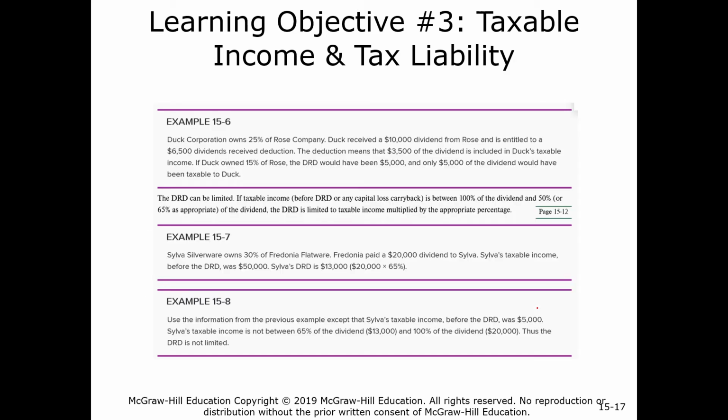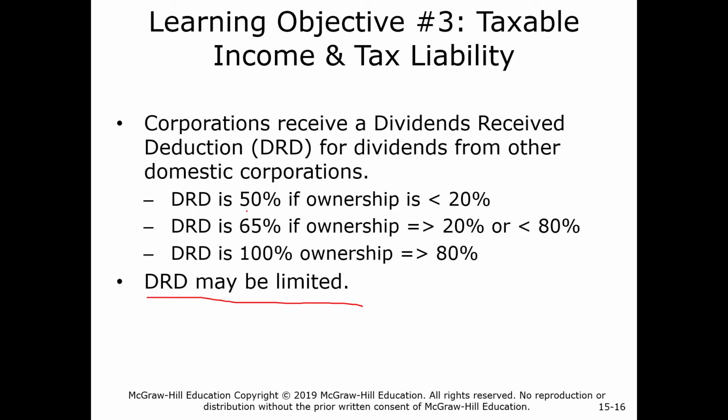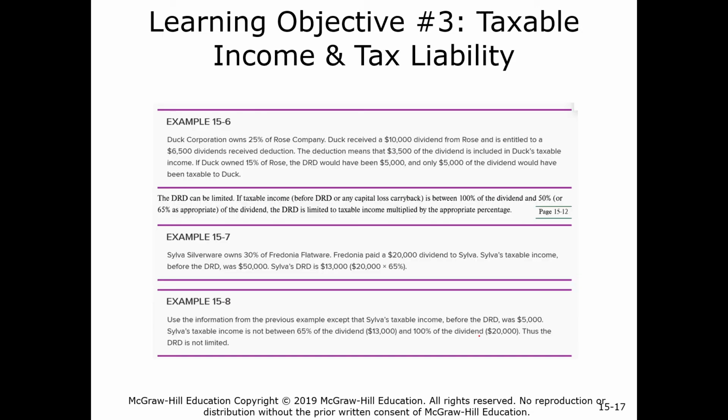We have the Duck Corporation owning 25% of Rose Company. Okay, so 25%, that falls under the 65% bracket. Duck received a $10,000 dividend from Rose. The amount of the dividends is $10,000, and we have a 65% DRD.